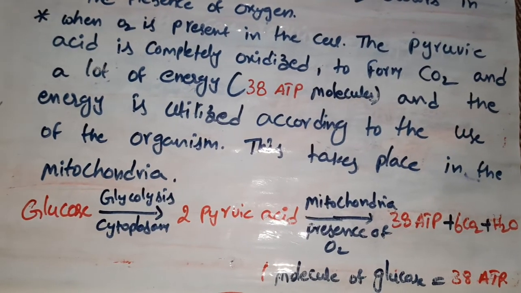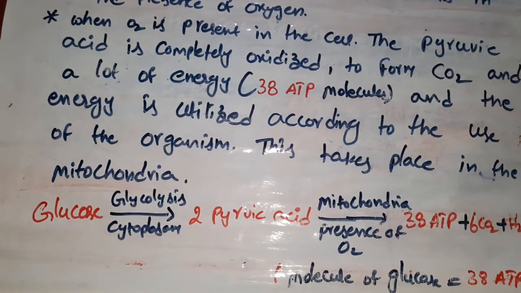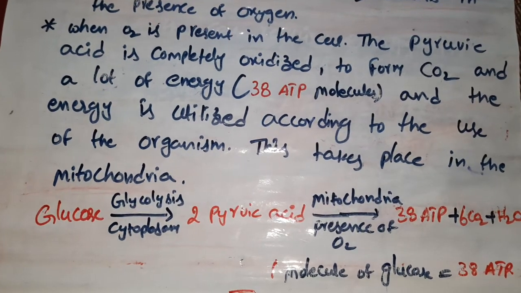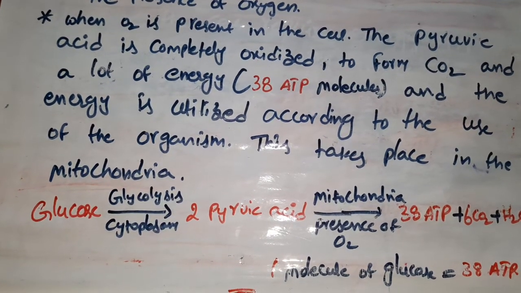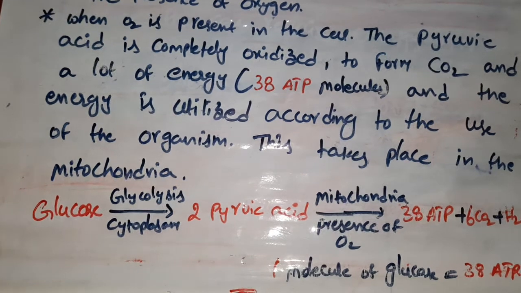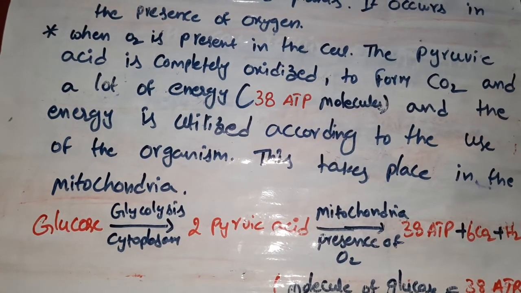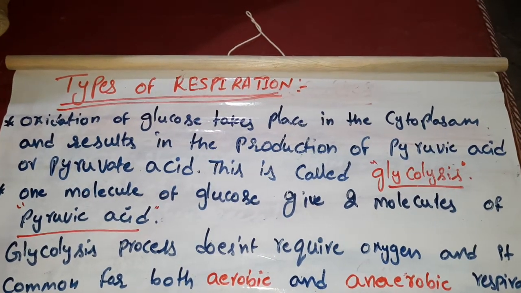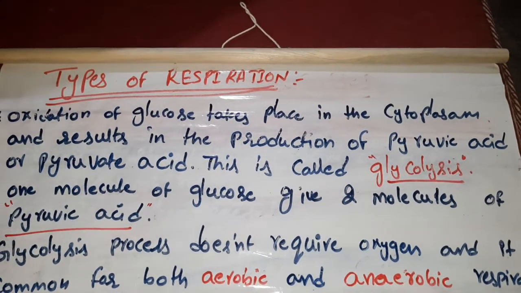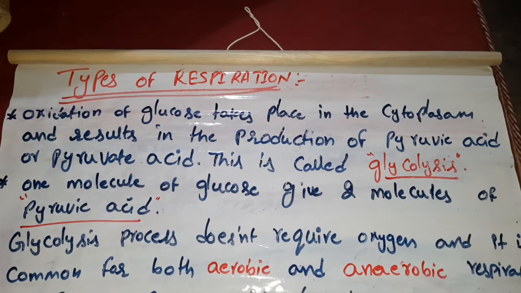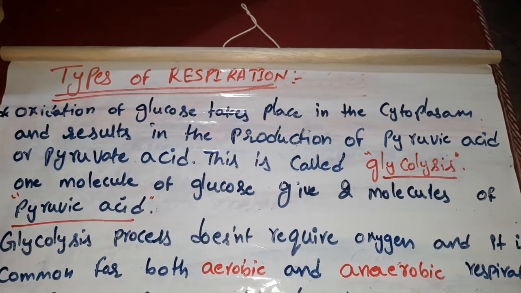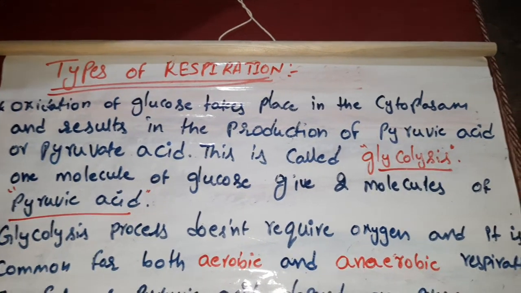See how the energy is released. Glucose comes from the food material we take. The arrow mark is glycolysis in the cytoplasm. Remember the first definition: glycolysis means oxidation of glucose takes place in the cytoplasm and results in the production of pyruvic acid.